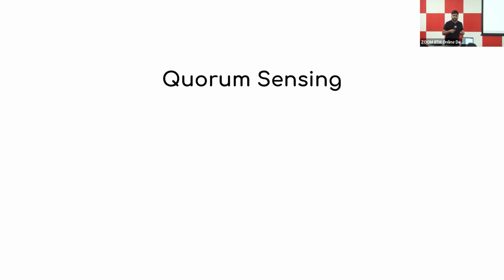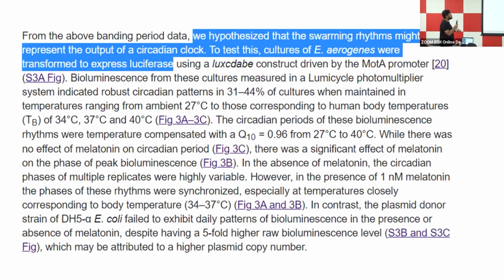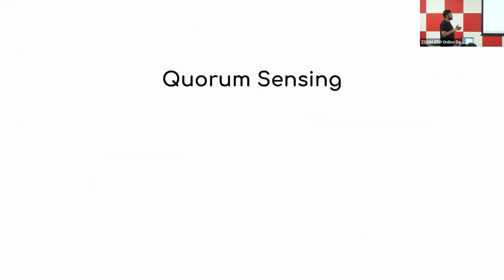But we did not have a lot of time to research whatever happens in the gut. So we went with the thing we were pretty sure was orthogonal to everything in the gut, right? So basically we are using the bioluminescence of this bacteria, or altered strains of this bacteria, to get an idea about when the swarming behavior is happening.